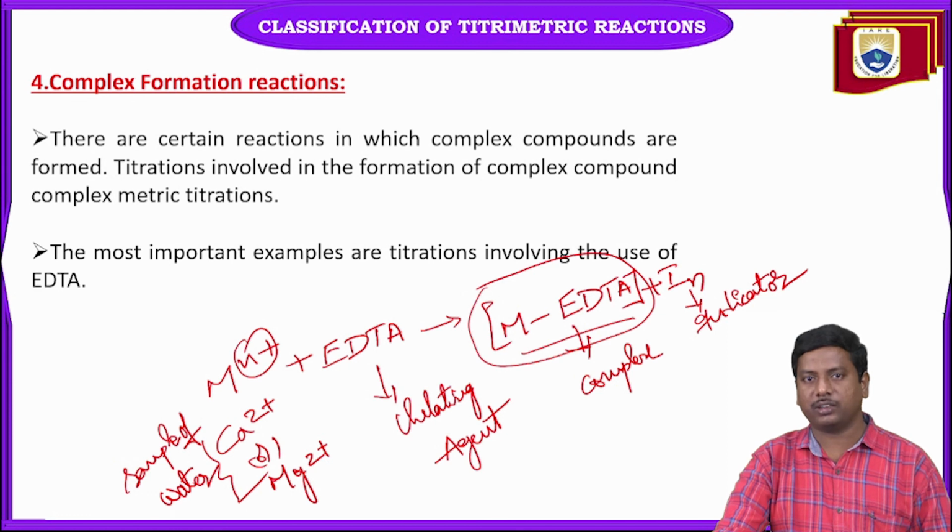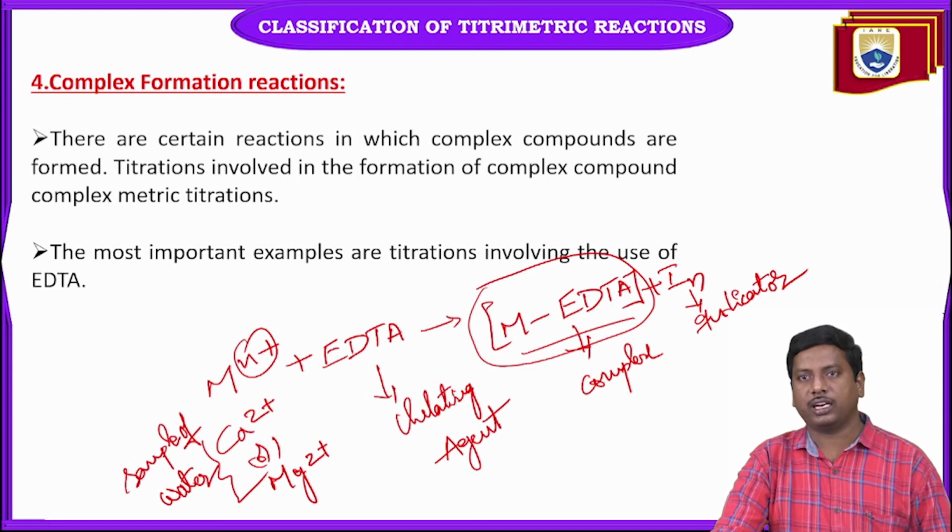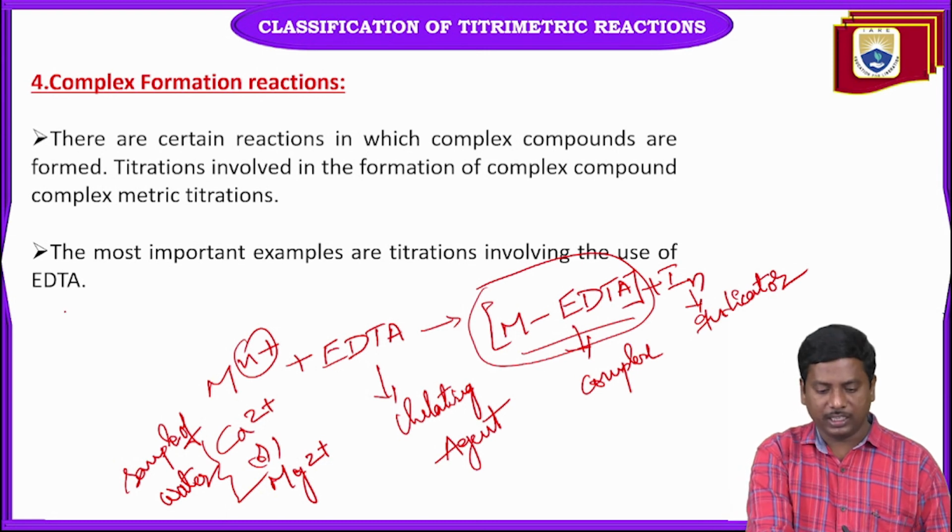Because of the formation of a complex, these reactions are termed complexometric reactions. These are reactions in which complex compounds are formed, and the titrations involving the formation of a complex compound are complexometric titrations. The most important examples are titrations involving the use of EDTA.